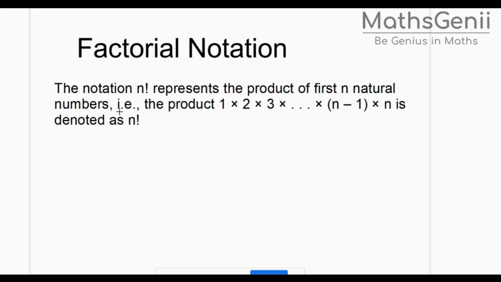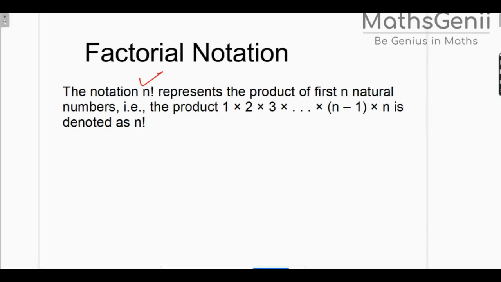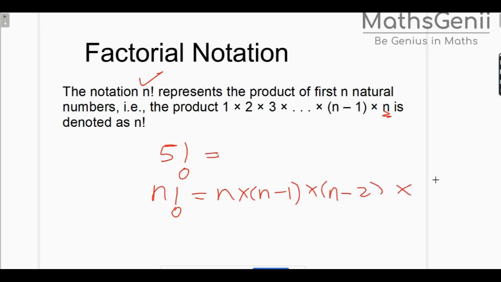Firstly, it is denoted as n factorial. It is nothing but the product of first n natural numbers. So when we take a question, you will understand it better. Now I'll take one question. Suppose you have to find 5 factorial. Very simple it is. n factorial is n into n minus 1 into n minus 2 till 1.